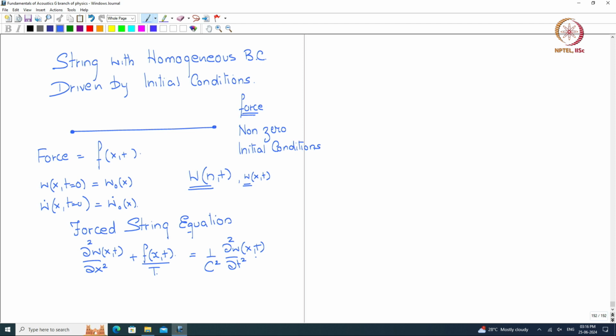Again we go for a transform, because the string is fixed on both ends, so we will do a series type solution.